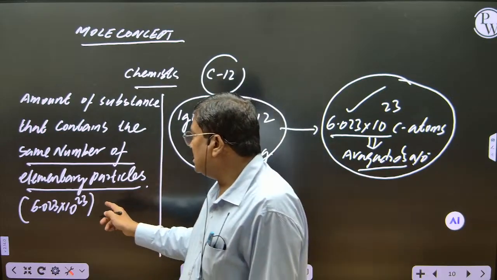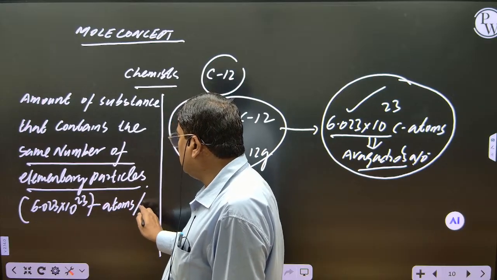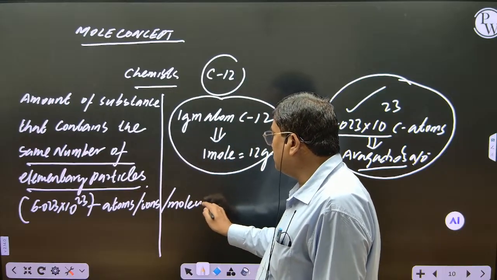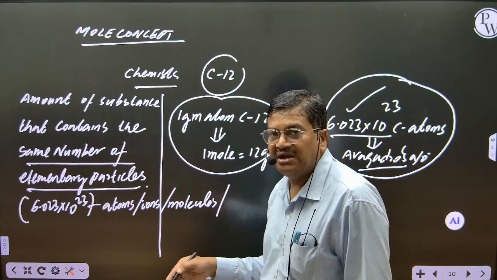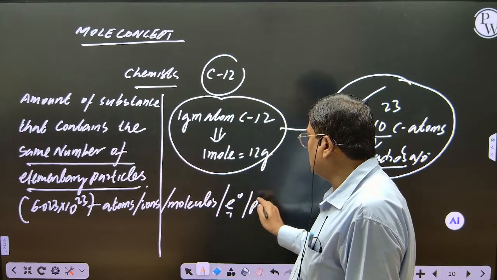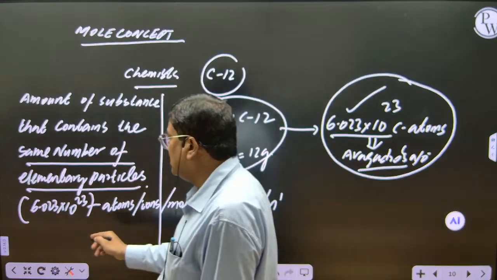So they may be atoms, ions, molecules, or fundamental particles. What are fundamental particles? Electron, proton, neutron.